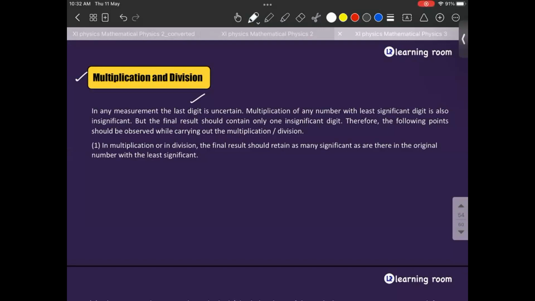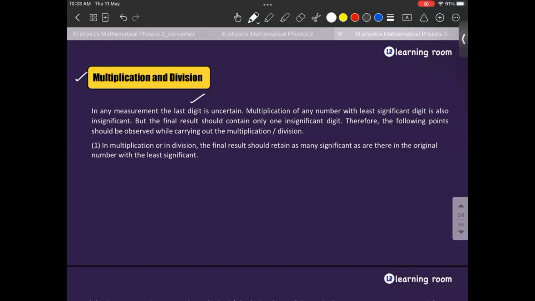When you multiply two numbers, the ones place gets multiplied, so one insignificant digit is getting multiplied with another insignificant digit.